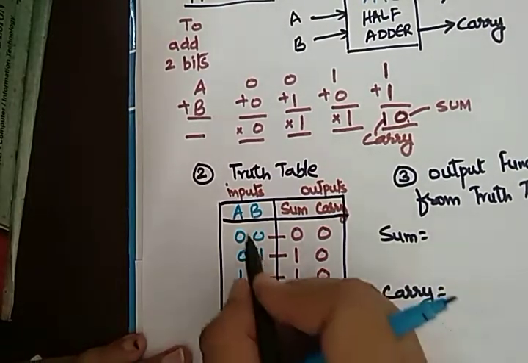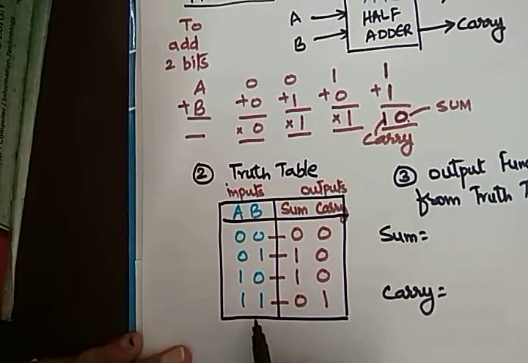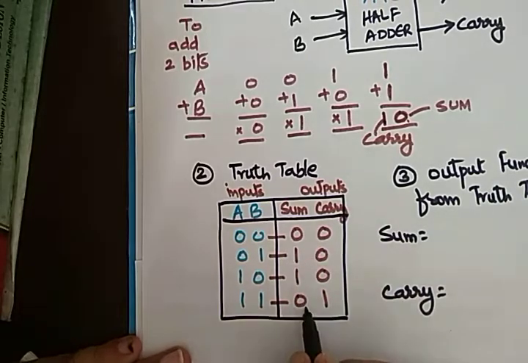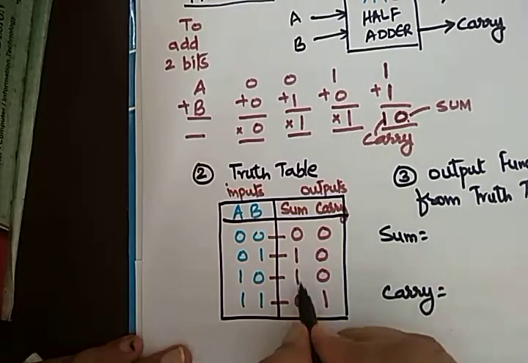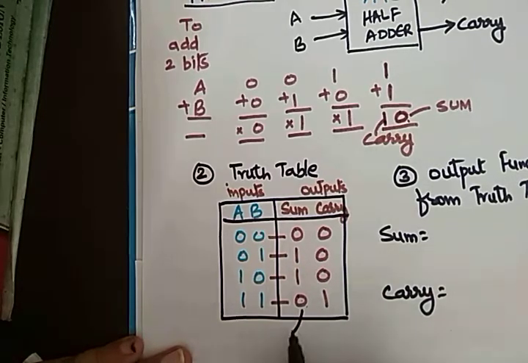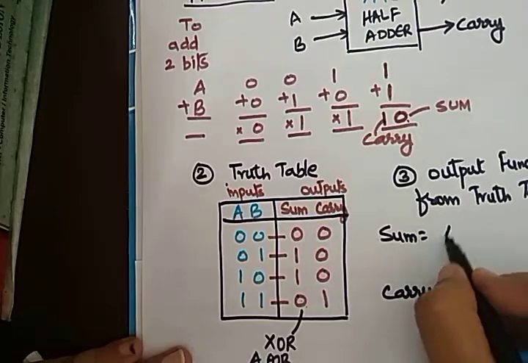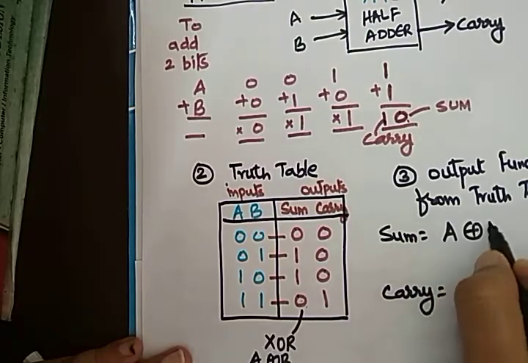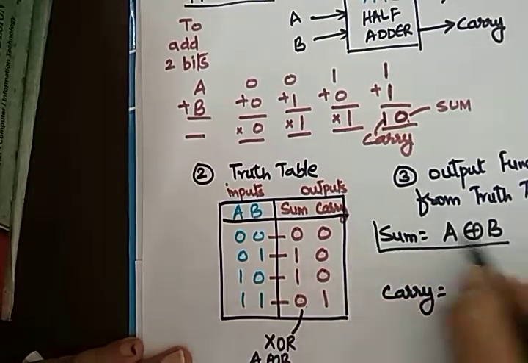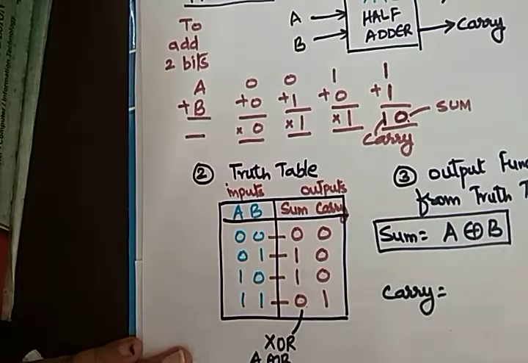If you take a careful look at this truth table, you see that the sum function 0, 1, 1, 0 is nothing but an XOR function between A and B. So we may write sum is A XOR B.